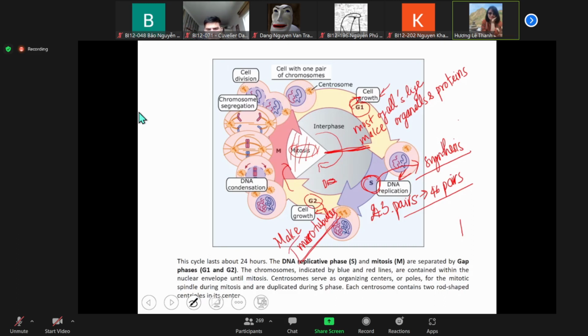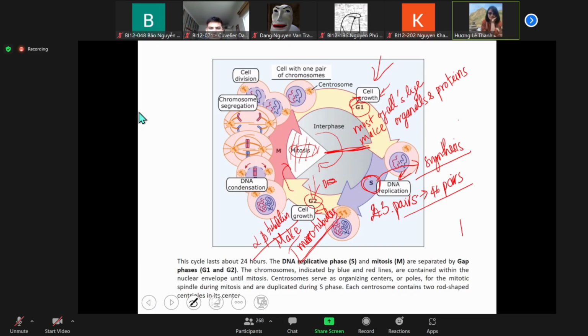They produce more proteins, but remember, these kinds of proteins are components of the microtubules. They are alpha and beta tubulins. But for G1, they are proteins that are required in normal life. Other types of proteins may be components of the ribosomes, or enzymes, etc. But for G2, all the protein is just focused on the mitosis.